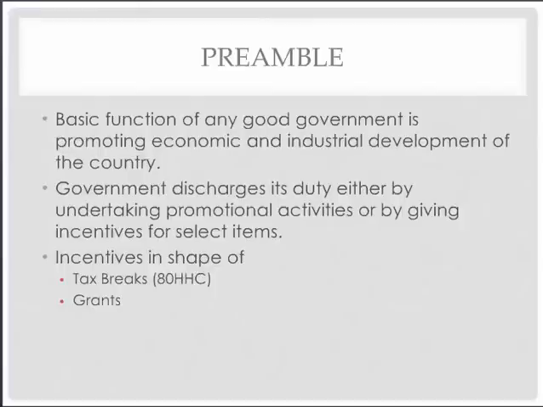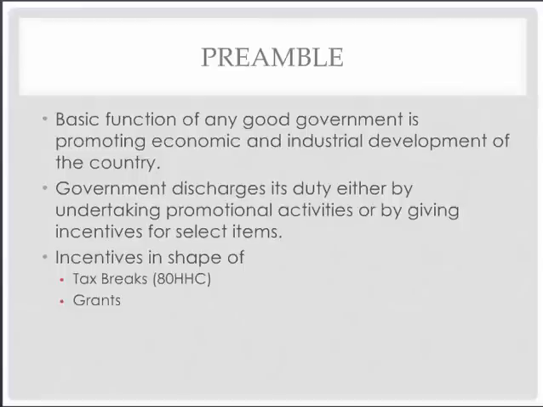Incentives can be in the form of tax breaks, like if you see 80IA, 80IB, 80HHC and many such sections under the Income Tax Act. Or it can be in the form of grants, like giving grants for investing in fixed assets, giving grants for research and development.